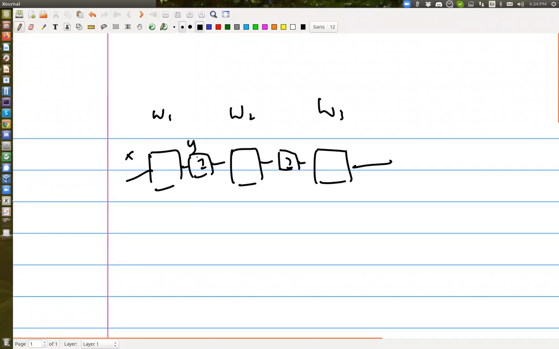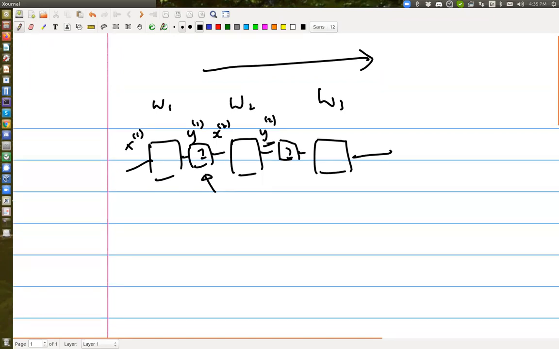If I have many layers, as I go deeper and deeper, maybe I can use a notation here. Say x1 is the first layer, then the output is y1, and y1 is plugged back in, so x2 is equal to y1. If the activation function is just identity, I have y2 and so on. Now I want to make sure this output is not too big or too small.